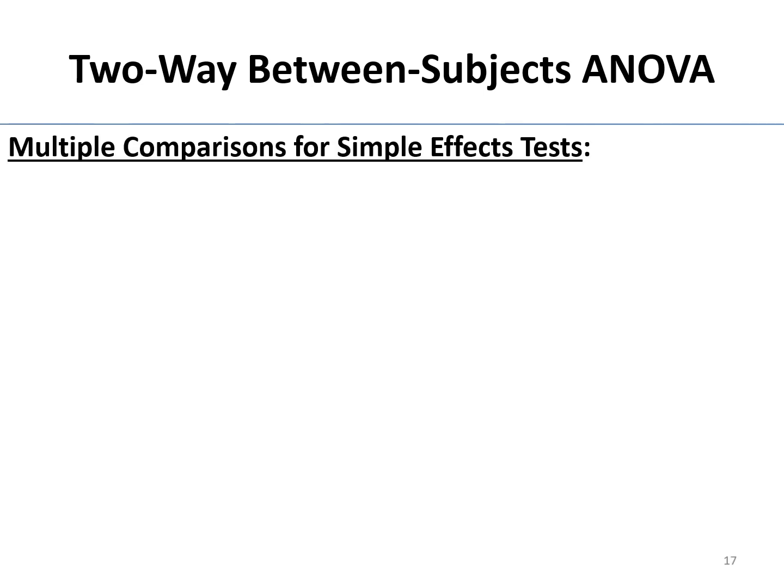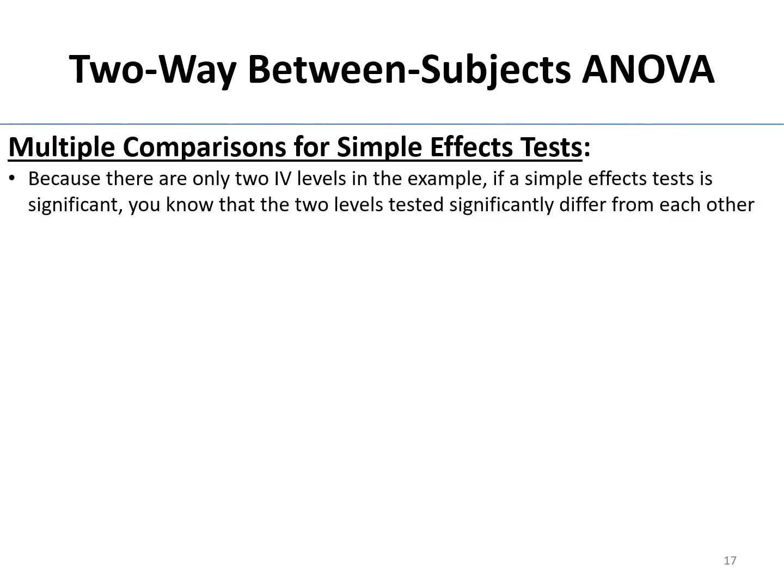So let's say you were doing a study where, again, one or more of your independent variables in your between groups ANOVA design had 3 or more levels. Well, in this example, there are only 2 levels.